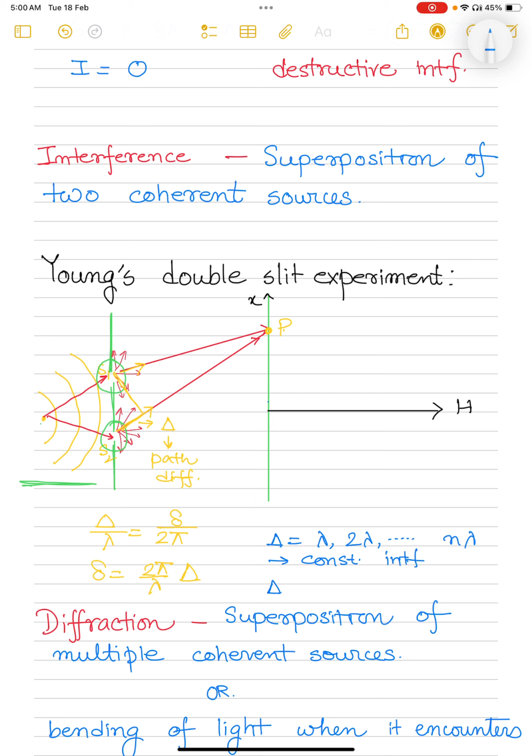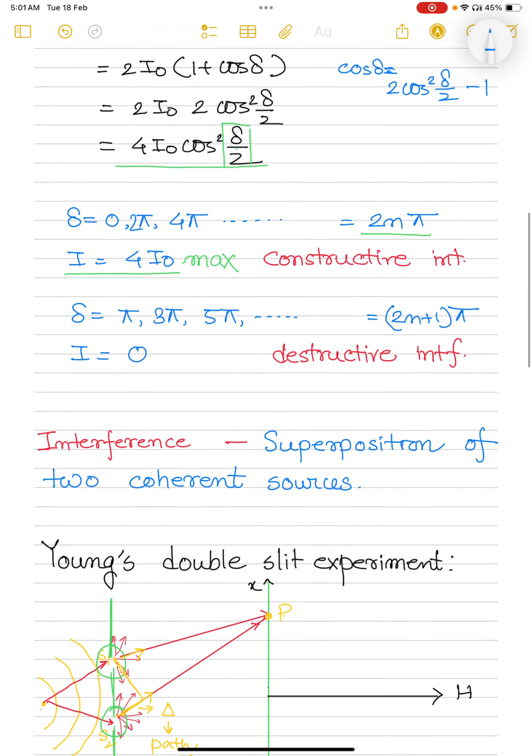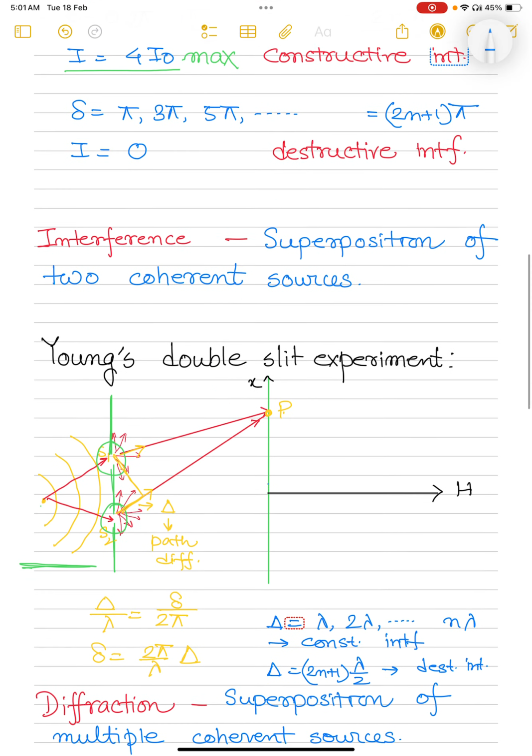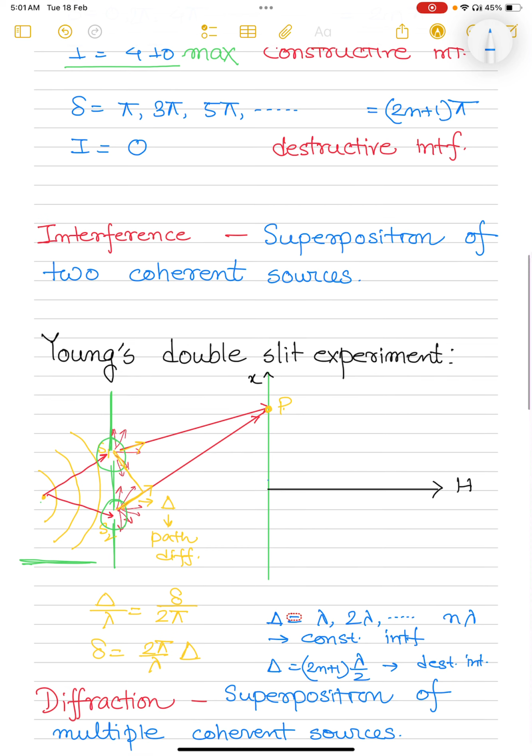And if the path difference is an odd multiple of lambda by 2, then we are going to get a destructive interference. And what will be the intensity? The intensity formula we have already got, cos squared delta by 2. So intensity will be something like this.